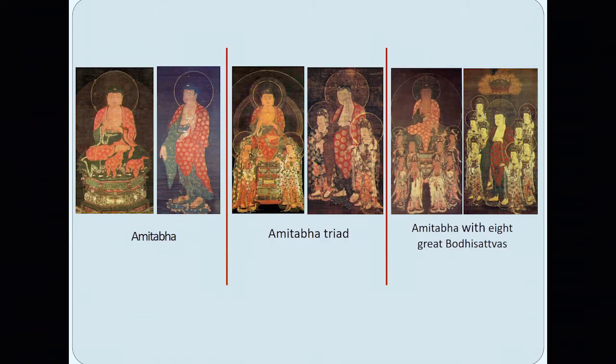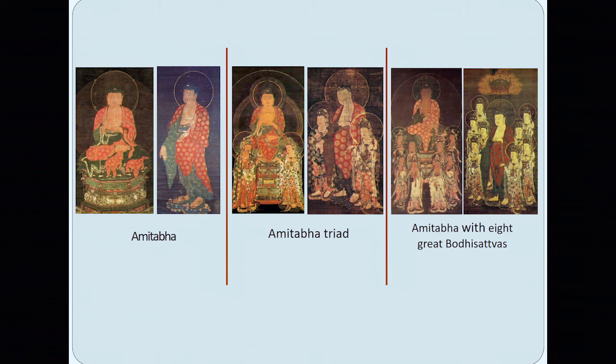Paintings related to Amitabha can be sorted into 3 groups based upon the number of deities in the scenes. The groups are Amitabha alone, like you see here on the left. Amitabha accompanied by 2 attending bodhisattvas, Avalokiteshvara and Mahastamaprapta, the 2 in the middle there, the Amitabha triad.